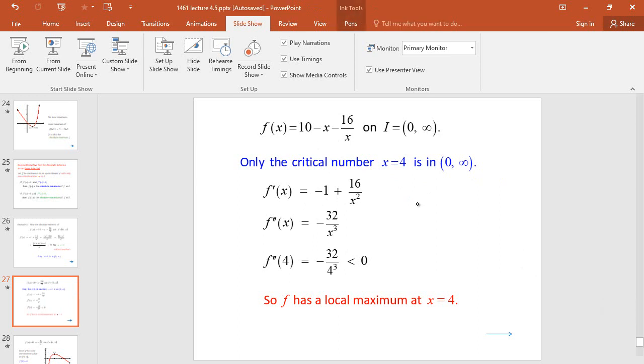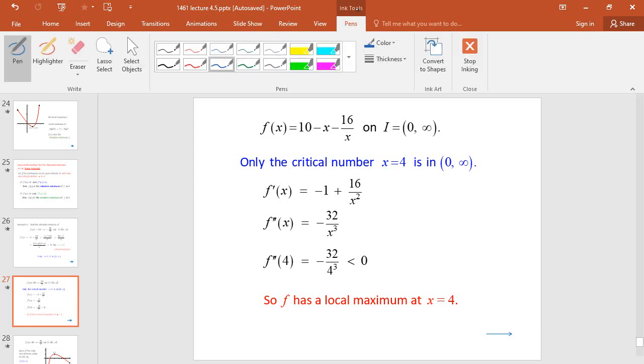So 16 over x squared is the same as 16x to the negative 2. And when you take the derivative, you get negative 16 times negative 2 times x to the negative 3. So you end up with negative 32 over x cubed. So that's the second derivative.